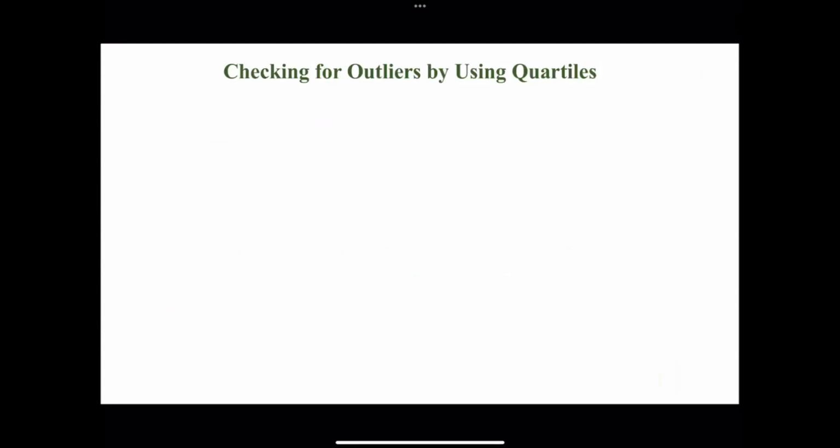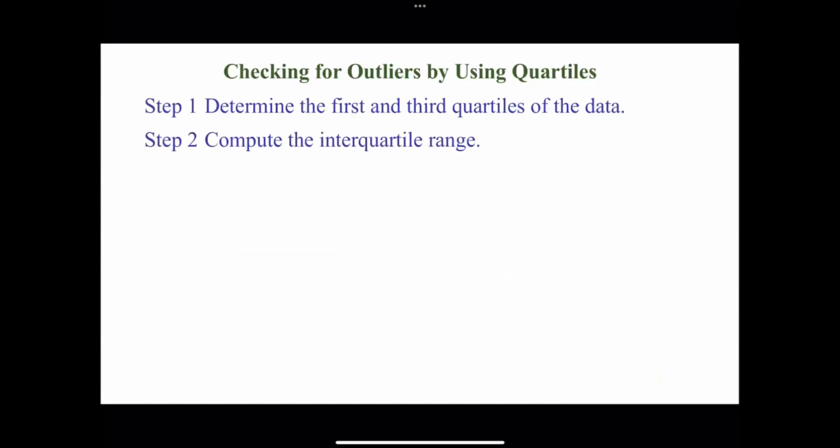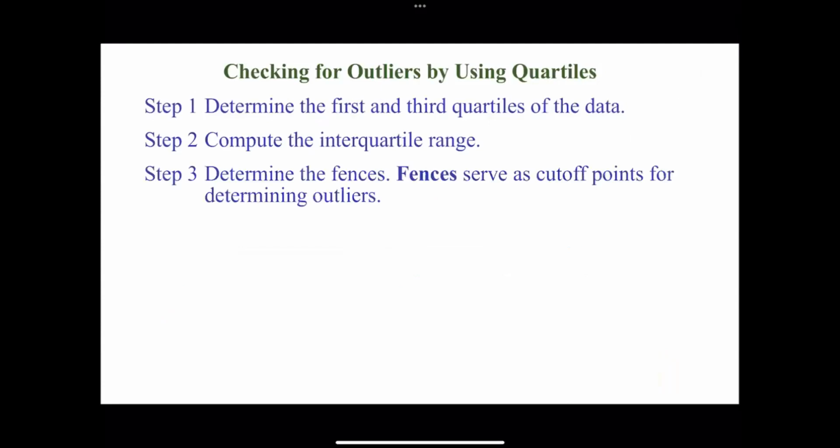Here's how we find outliers when we're using quartiles and the IQR. You need your first and third quartiles, and you find the IQR. Then we're going to find something called fences. Fences are the upper and lower bounds of our normal data. These fences help us determine our outliers.